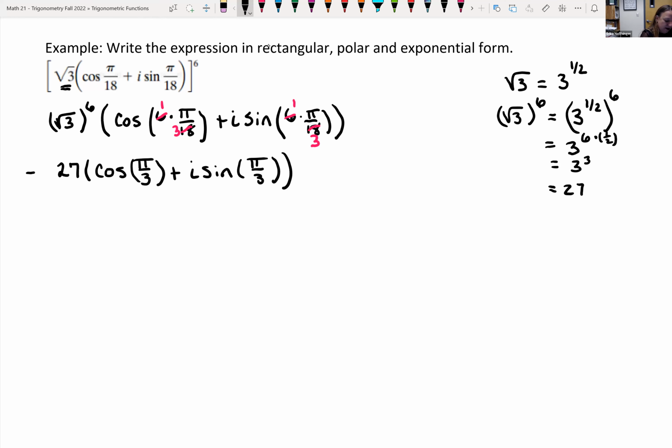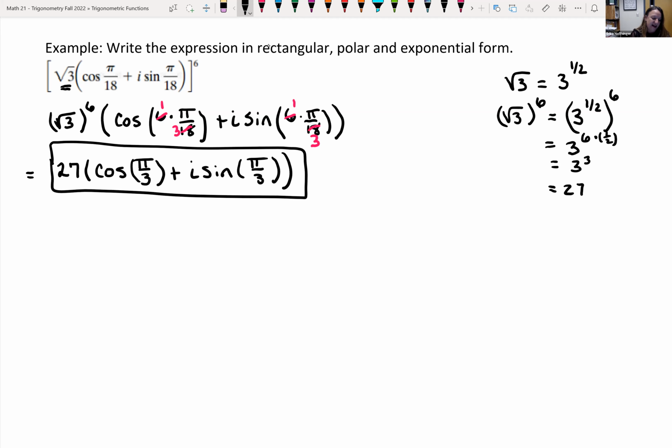So this right here is my polar form of that complex number in polar form raised to that 6th power. In exponential form, I would have 27 e raised to the I times my argument, which is pi thirds.